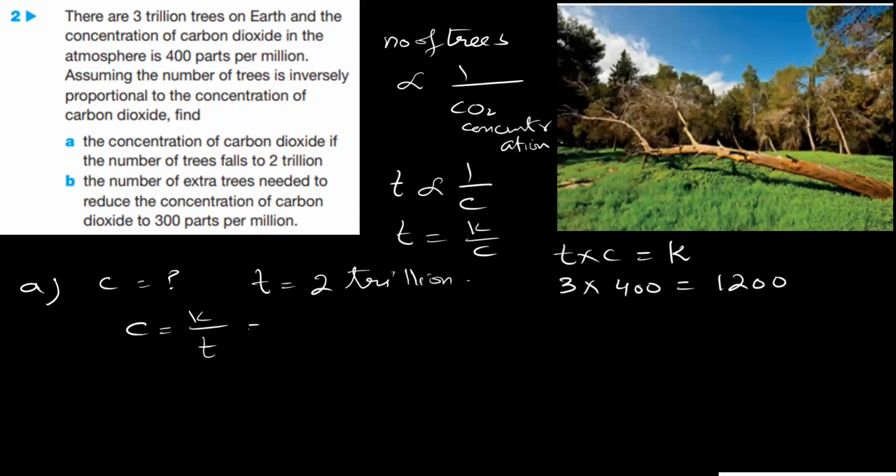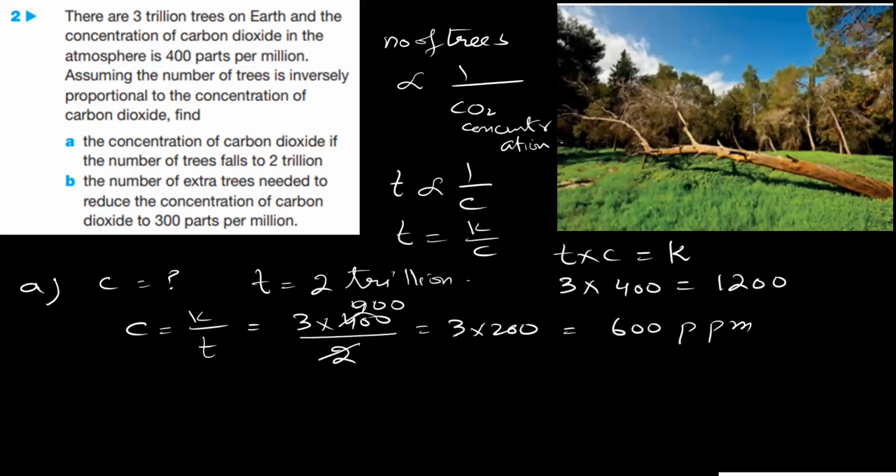K is 3 times 400, divided by the number of trees, that one is 2 trillion. So we can divide 4 by 2. So this becomes 3 times 200, which is 600 parts per million, the concentration of carbon dioxide. The answer is 600 parts per million.